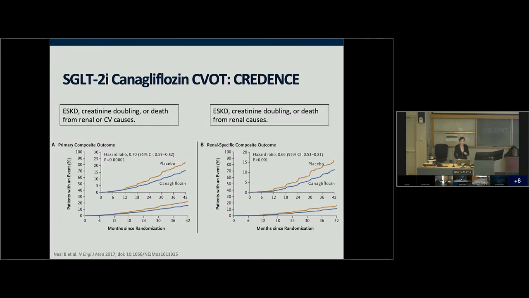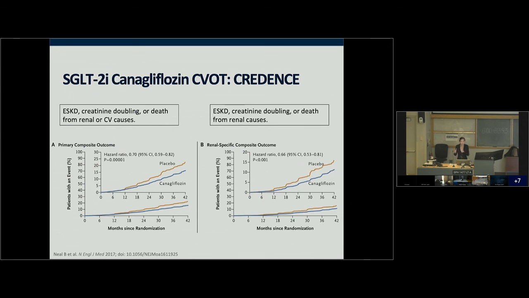And they looked at renal outcomes in terms of progression to end-stage renal disease, doubling of their creatinine, cardiovascular death or renal death as their primary outcome. And the canagliflozin group, which is the blue line, did show a significant reduction in that primary endpoint compared to placebo, which is the red line.